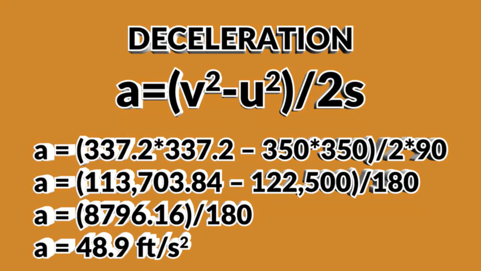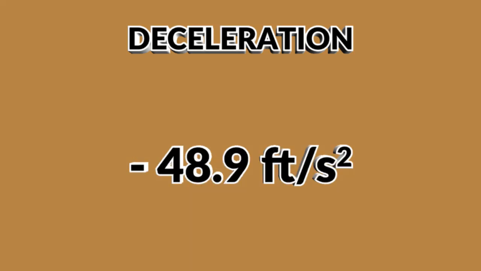A equals 113,703.84 minus 122,500 divided by 180. A equals 8,796.16 divided by 180. A equals 48.9 feet per second squared. Since the arrow is decelerating, the value is made into a negative number. A equals negative 48.9 feet per second squared.